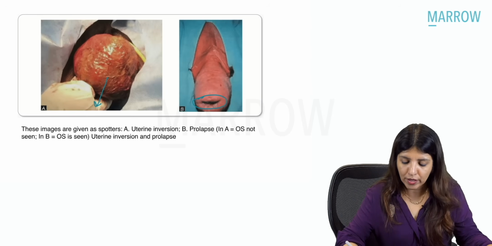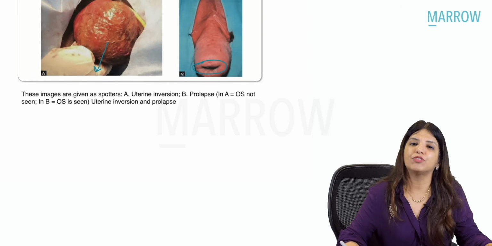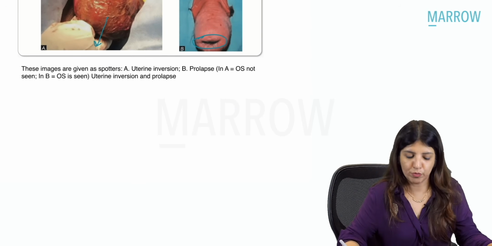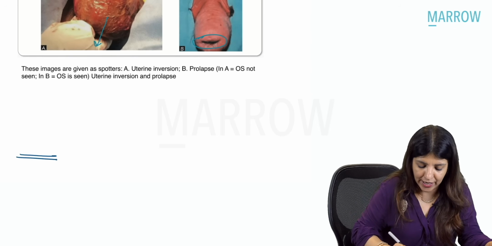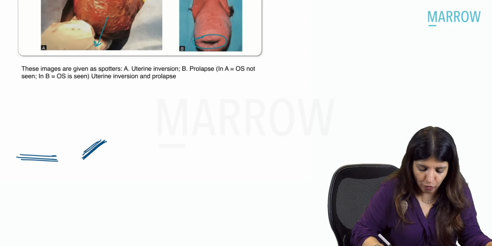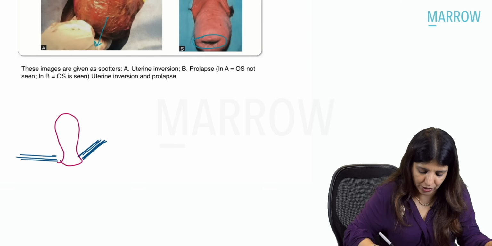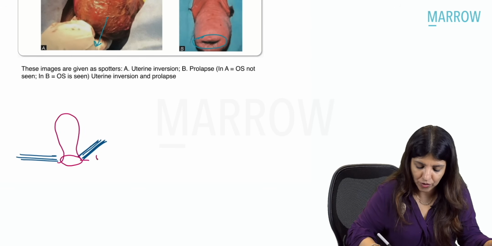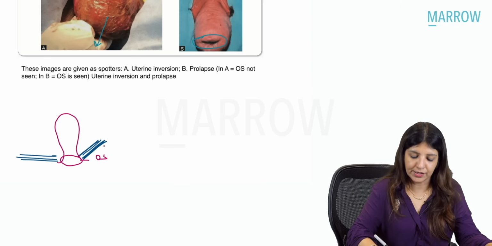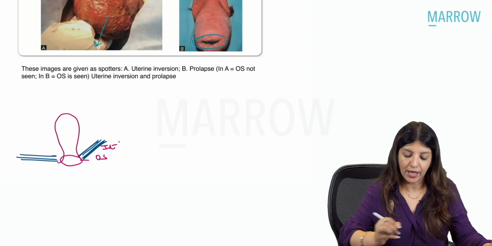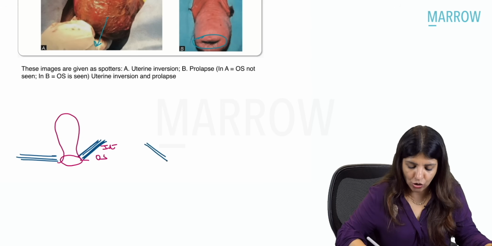Now, these are two images, one of them is uterine inversion, one of them is prolapse. I want all of you to understand, suppose this is the support of the uterus, and this over here is a normal uterus, and this over here is the os, right? This is the internal os. Now, what happens in case of prolapse?